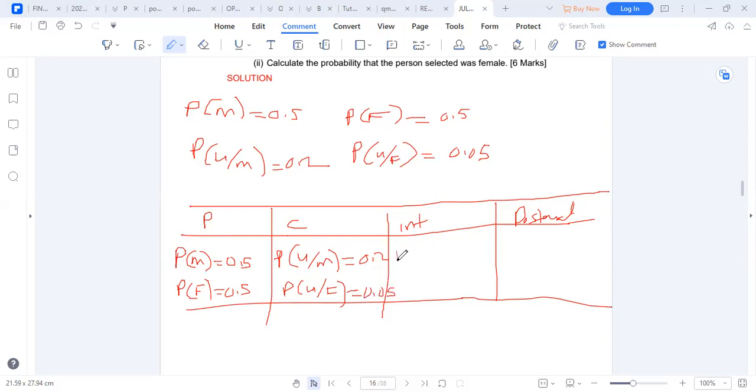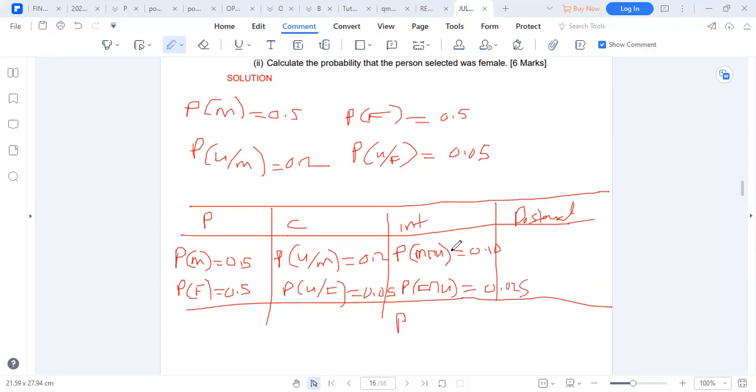When we multiply these two, here we get males intersection unemployed. These are males who are unemployed. So when we multiply this one by that one, it is 0.10. Multiplying these two gives females intersection unemployed, which is 0.025.